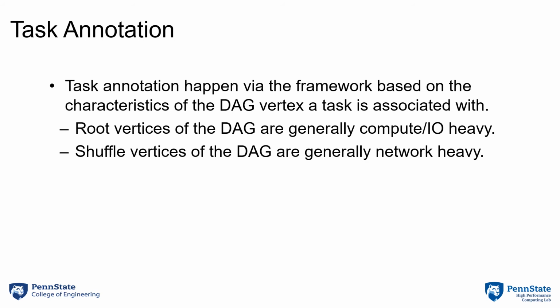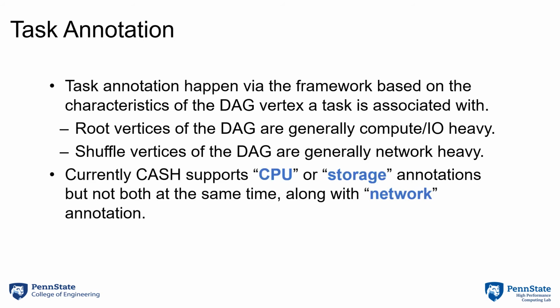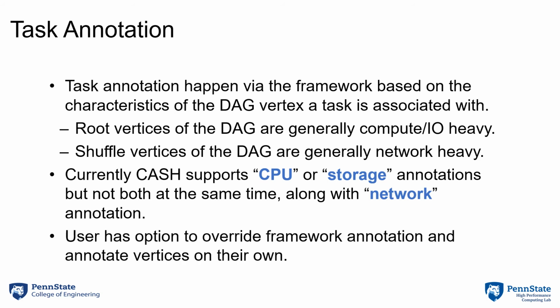So using these kinds of characteristics, the framework can learn a lot and indicate whether these tasks are intensive for a particular hardware resource. Currently, Cache supports CPU annotation or storage annotation, but not both. However, it uses CPU and network annotation or storage and network annotation.